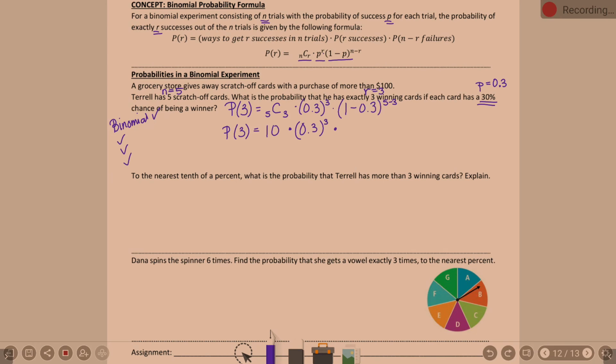In this other parentheses, what is 1 minus 0.3? There's a 0.7, and that's going to be raised to the second. You can enter that all in your calculator in one big fell swoop. You can do 10 times 0.3 to the third times 0.7 to the second. Should be able to, if you can get your calculators to cooperate.